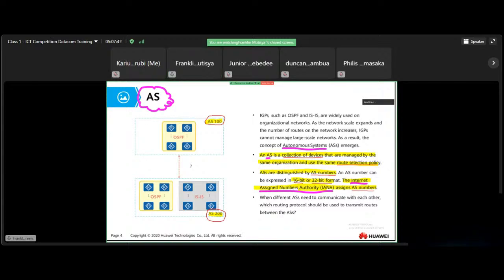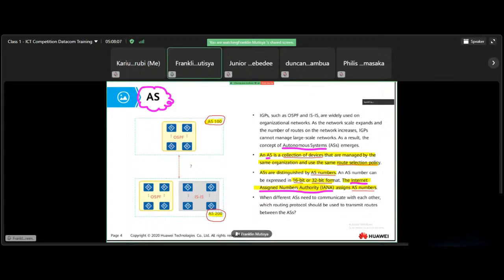So in case you are asked, the numbers assigned by IANA are, one, public IPs, two, autonomous system numbers, and other numbers responsible for different operations that are also assigned by the same body.